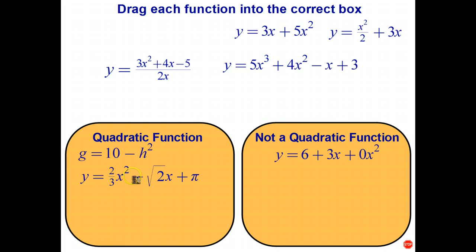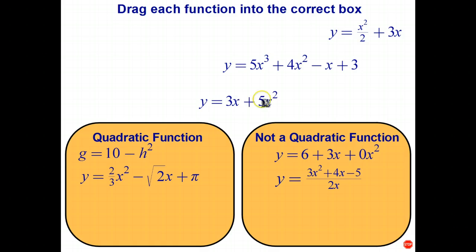A is equal to 2/3, b is equal to negative root 2, c is equal to pi. What about this guy just here? Well, the numerator is a quadratic, but once I divide all of those by 2x, I no longer have a quadratic. So because of that denominator of 2x, that one's not a quadratic.